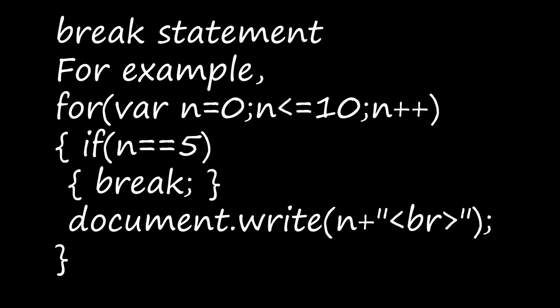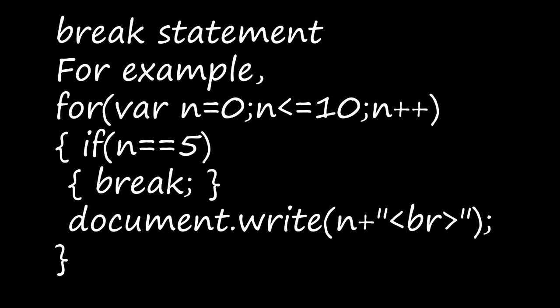So this will give the value of n starting from 0. When n is equal to 5, the break statement is executed and the loop is terminated, and you will get the output 0, 1, 2, 3, 4.